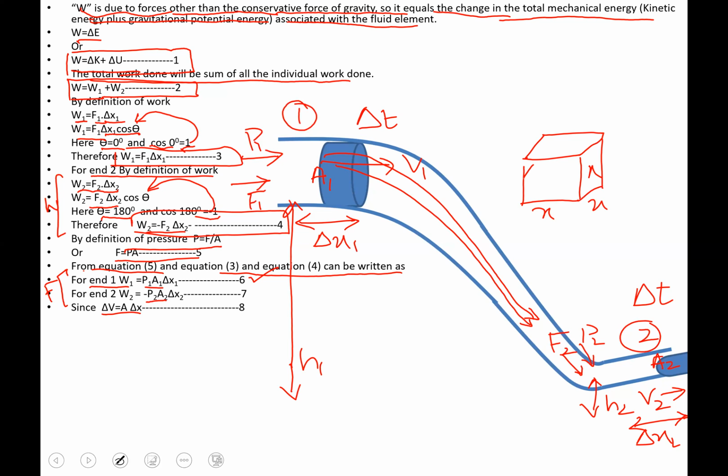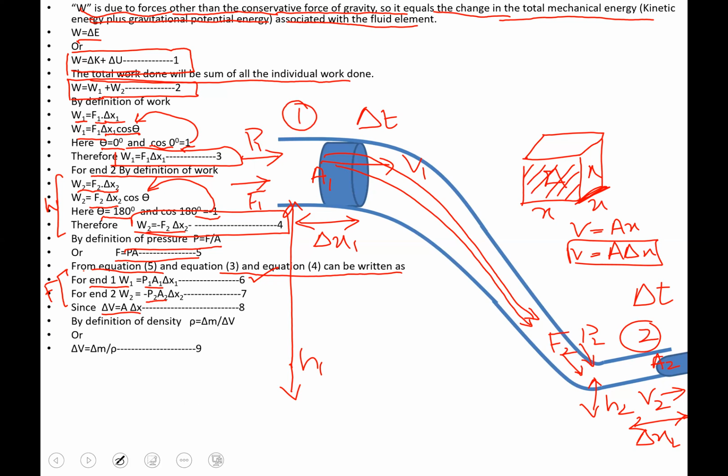First, we find this area, x into x, let's say it is A. For the volume, we have to multiply by this x as well. So the volume will be equal to A into x, or in our case A into delta x. That is why we have written delta V is equal to A into delta X, which is equation number 8.